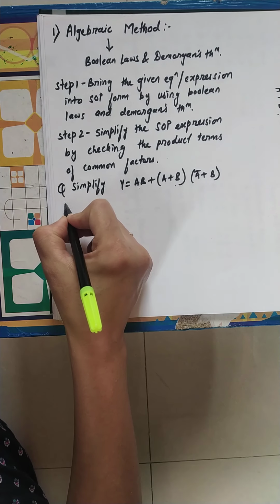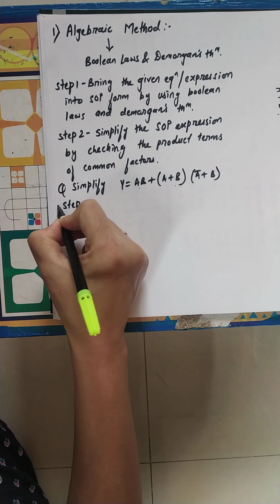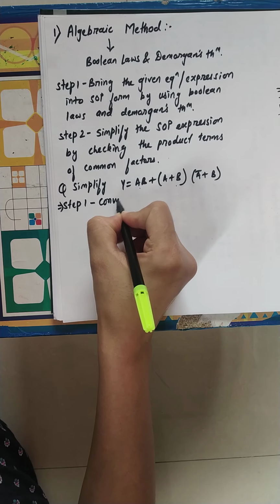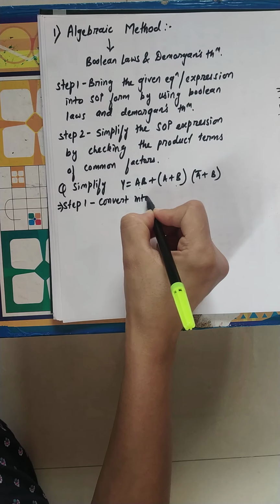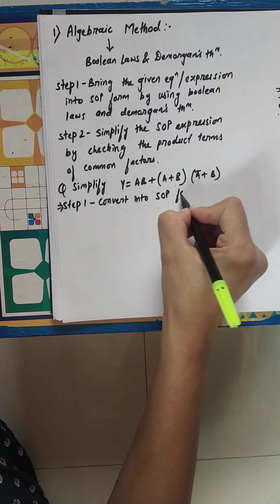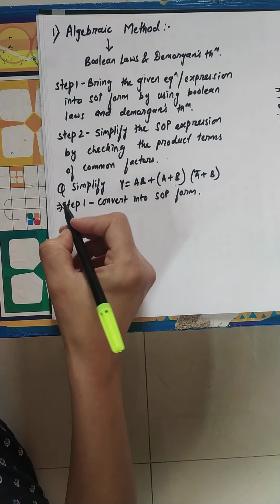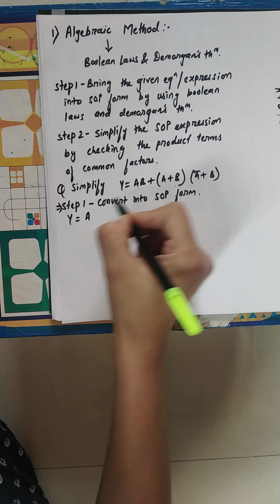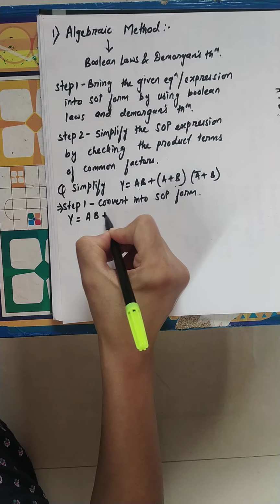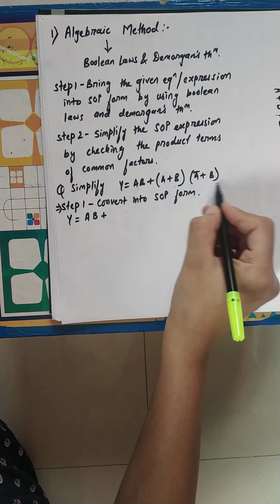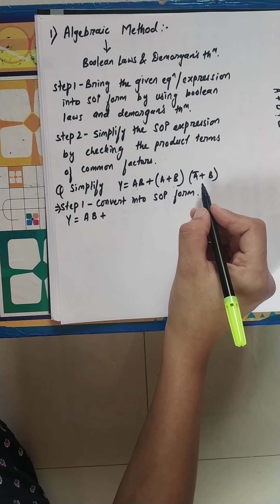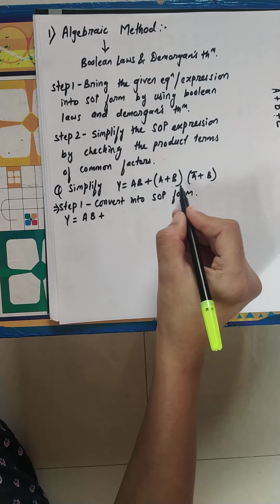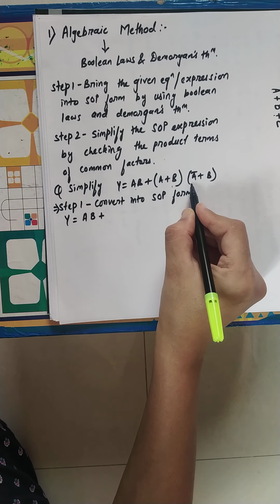I will do step 1 first, right? I'll convert this equation into SOP form. I'll keep the first product term AB as it is, plus now you can see these are two sum terms, so I can solve these two terms. I'll multiply this bracket by this bracket.